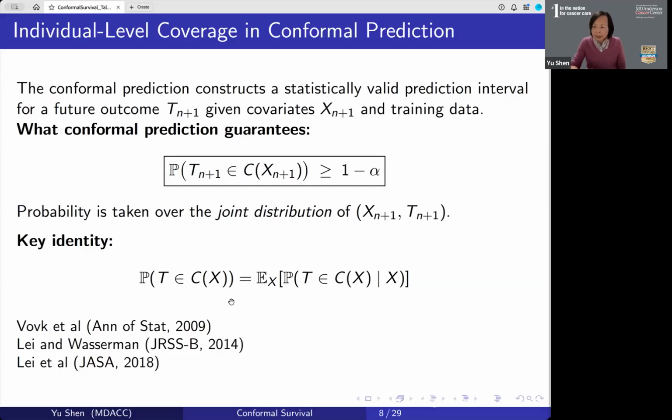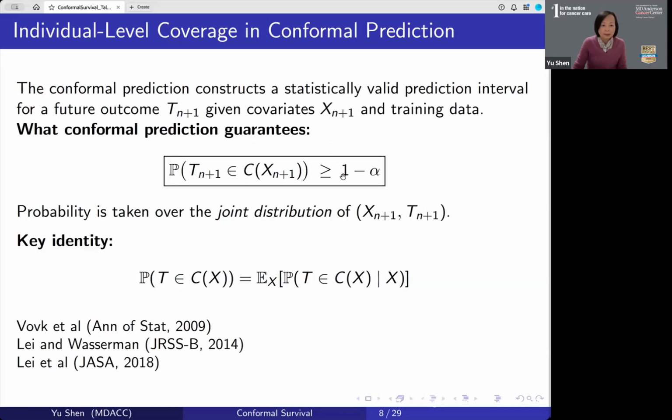With nowadays computer power, I think this type of method is more feasible. And Lei and others brought this whole idea of machine learning algorithms to the statistical literature.